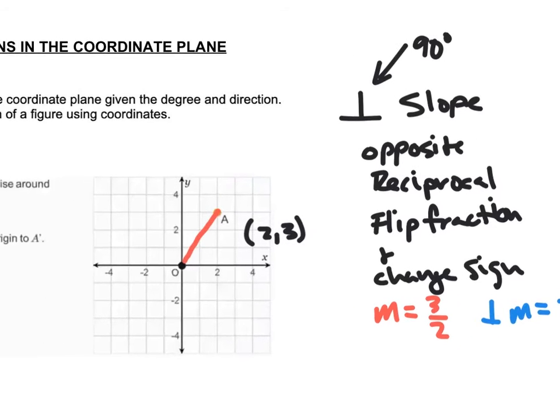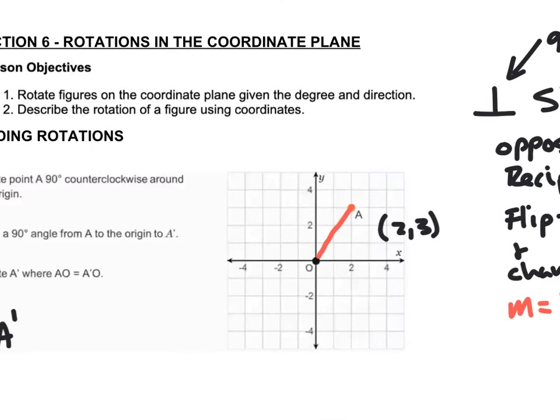So from my origin, that's how I go back out. I go up 2 to the left 3 and plot a point, and that's going to give me my point here, A prime. The idea was that I took this point and I rotated it, I turned it 90 degrees, and the angle that's created here is a 90-degree angle.